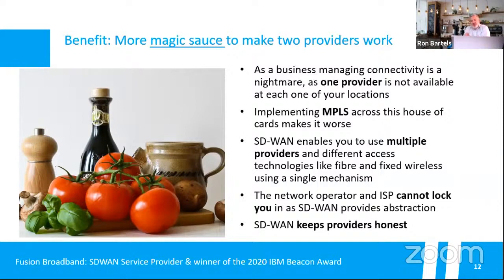We utilize the ability to make 2 providers work instantaneously using something called a hub and spoke mechanism. The hub and spoke mechanism is particular to some SD-WAN implementations. And for example, a normal business connection, either using MPLS, which is very expensive, typically does not have that magic sauce.